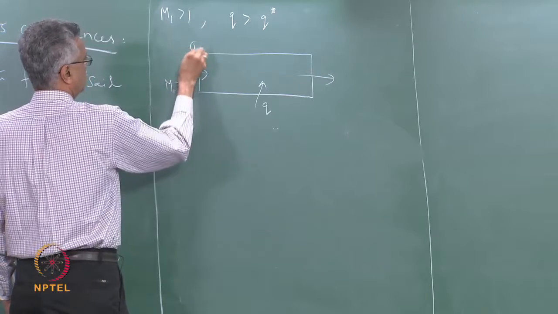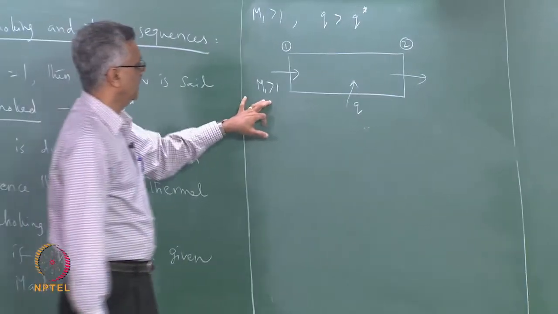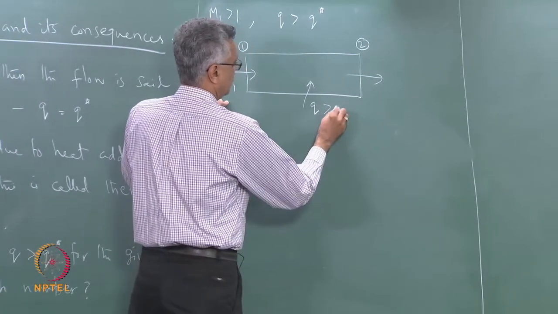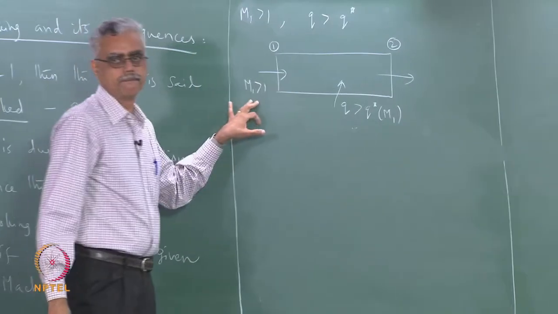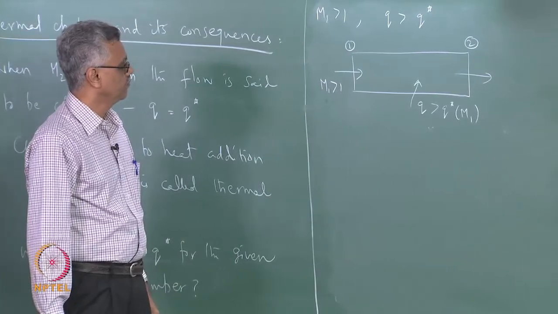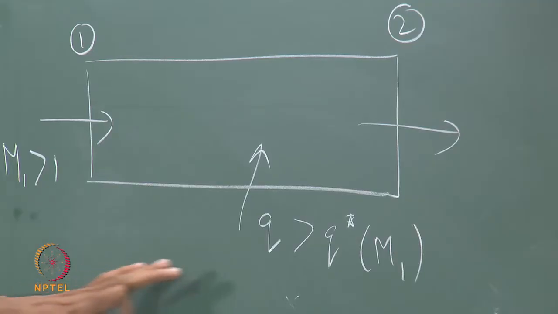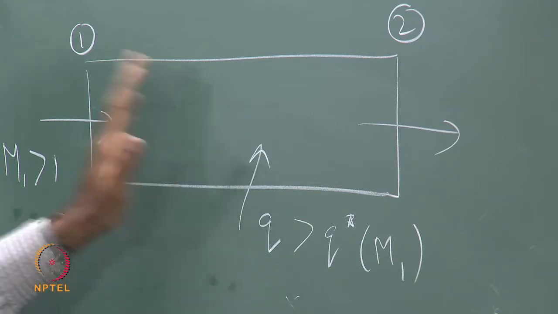M1 is greater than 1, this is state 1, exit is state 2, and the heat that we are adding is greater than Q star corresponding to M1.